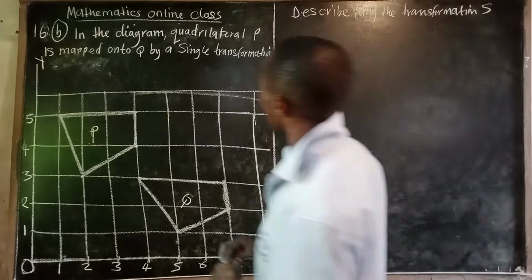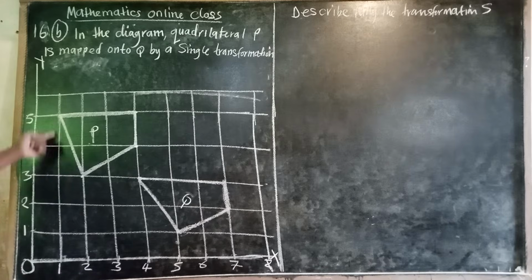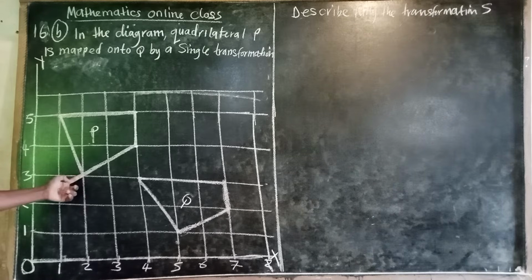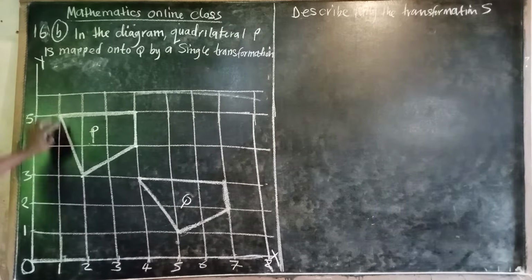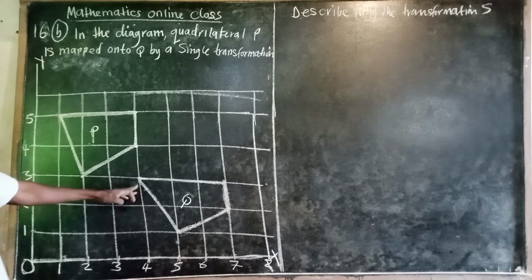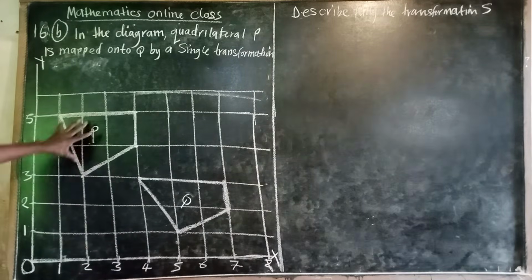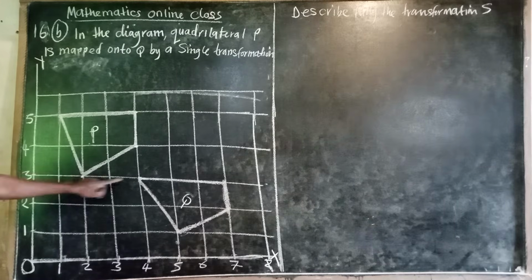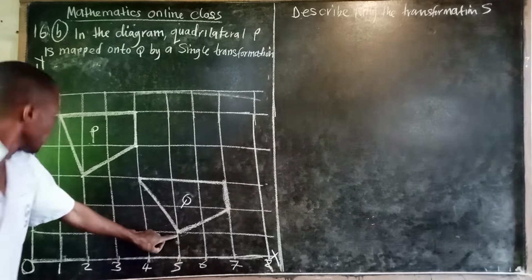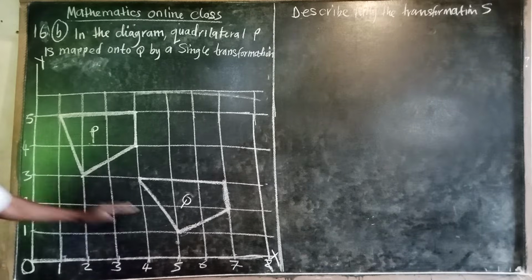So now when you look at this diagram P, like the way it is, okay, so we have this line, then again we have this line like the way it is. So here we have 1, 2, 3. Then when you look at this one also, 1, 2, 3. So meaning this object was just translated for it to be the way it is here. Okay. Because again, when you look at this length again, same.